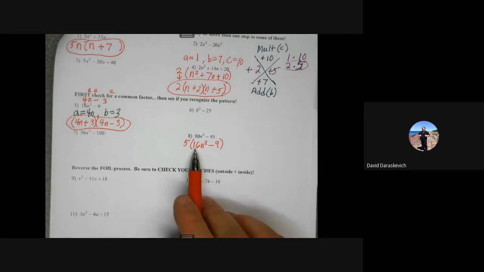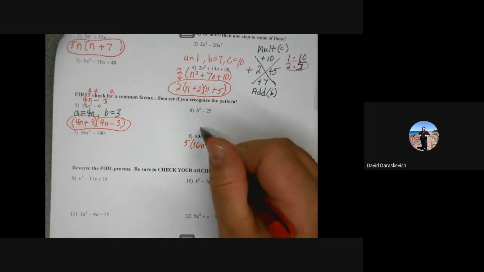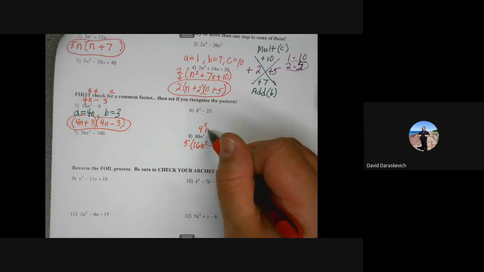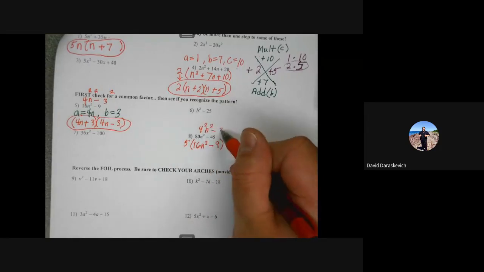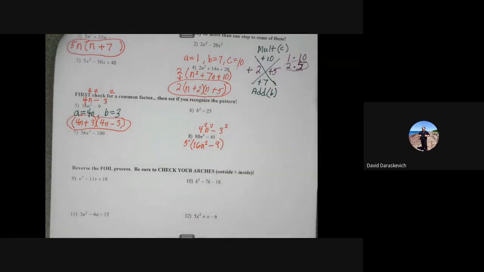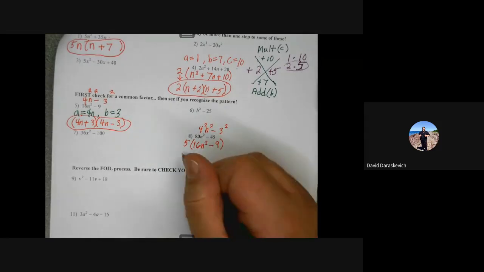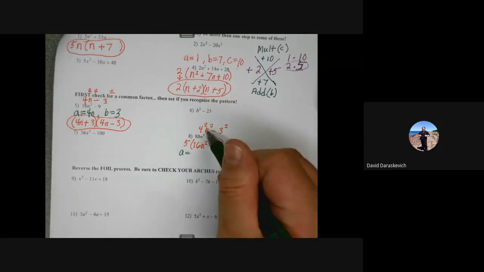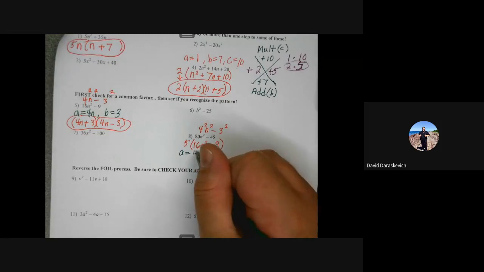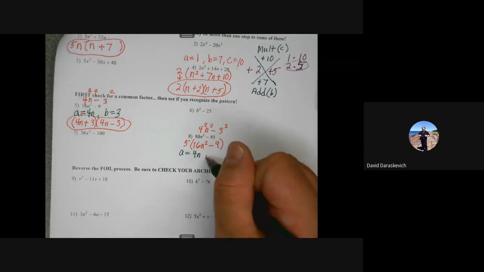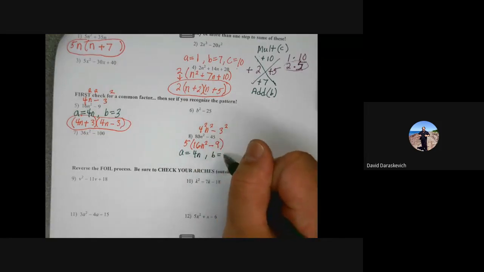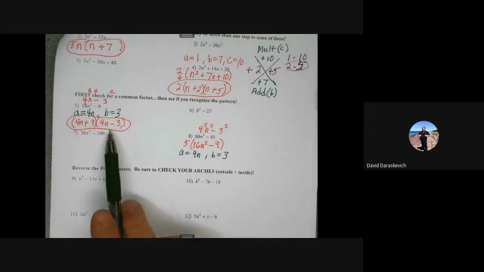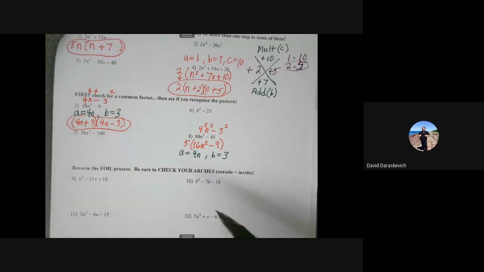Now I have perfect squares. 16 is 4 squared, and 9 is 3 squared. So my A is the base 4n, and my B is the base 3. It's exactly like this problem.